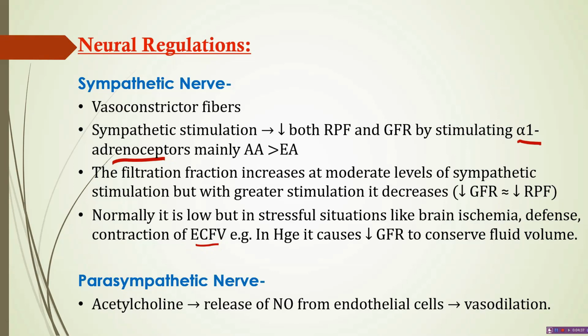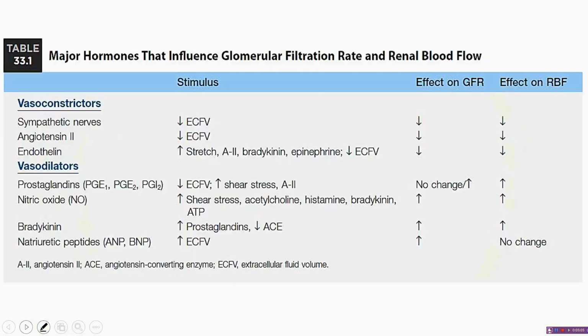Also, I have to say that the filtration fraction increases at moderate levels of sympathetic stimulation, but at higher levels, the GFR decrease is almost similar to the renal plasma flow decrease. So the filtration fraction actually decreases at higher stimulation of the sympathetic nerve. The parasympathetic nerves secrete acetylcholine, which causes the release of NO from the endothelial cells, and that is a vasodilator.